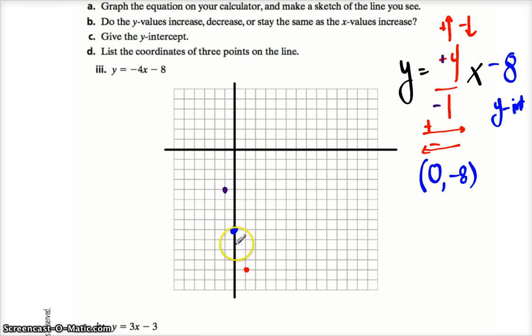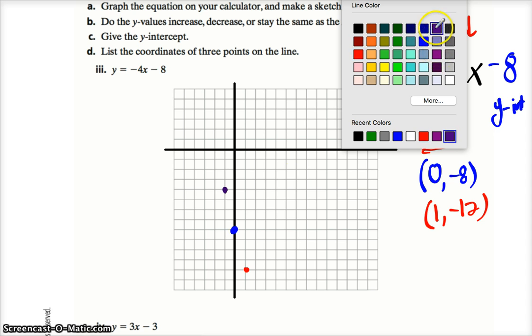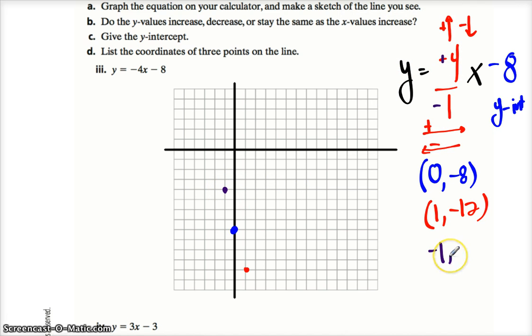Okay? I have 3 spots now. My second spot was 1 comma negative 12. That's the red one. And then my third spot was negative 1 comma negative 4. Now, let's make sure that they're still linear, that they exist on the same line.